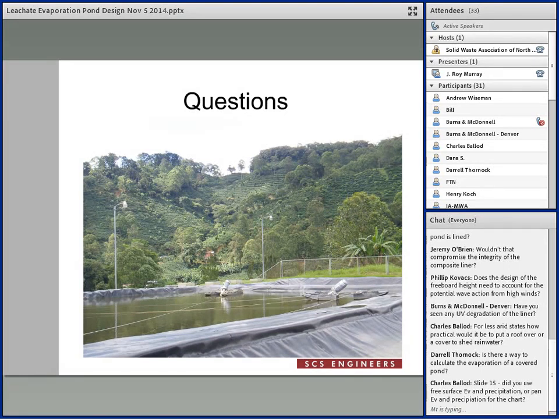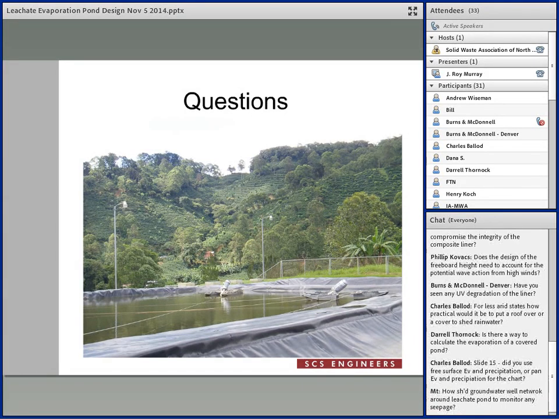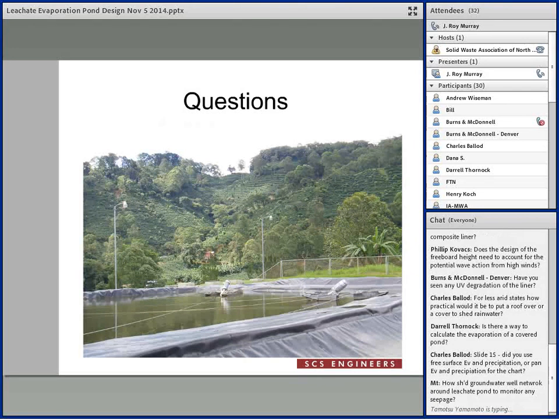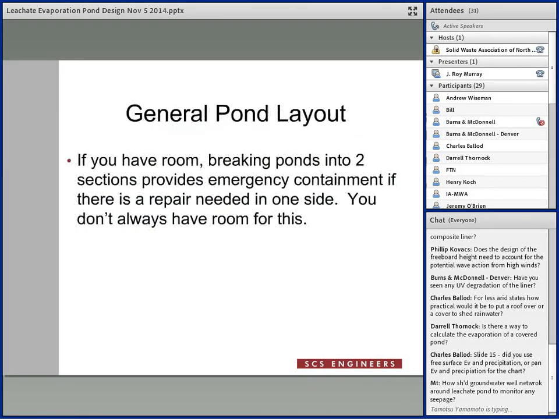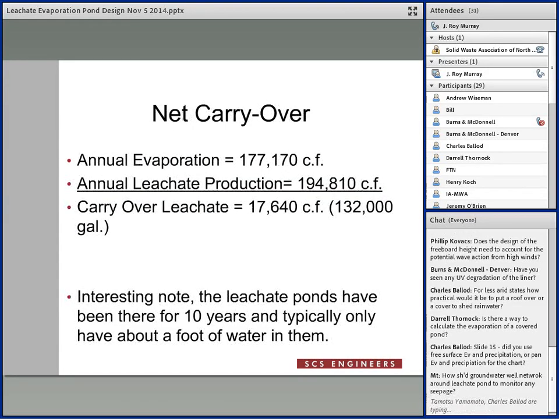And it looks like another question's come in. Okay, slide 15. Did I use the free surface evaporation and precipitation or pan evaporation and precipitation for the chart? I'm trying to figure out which one's slide 15.